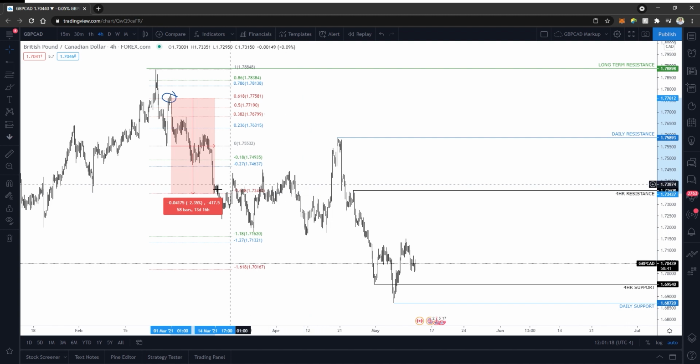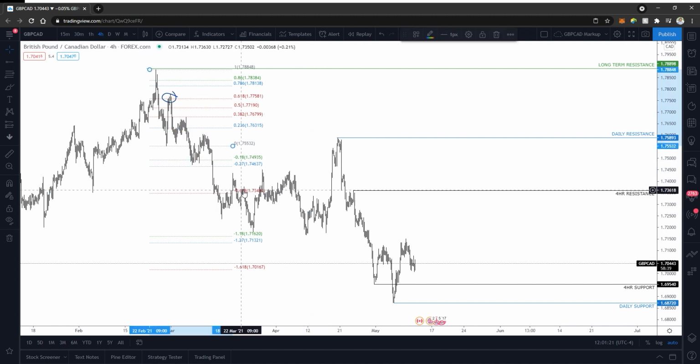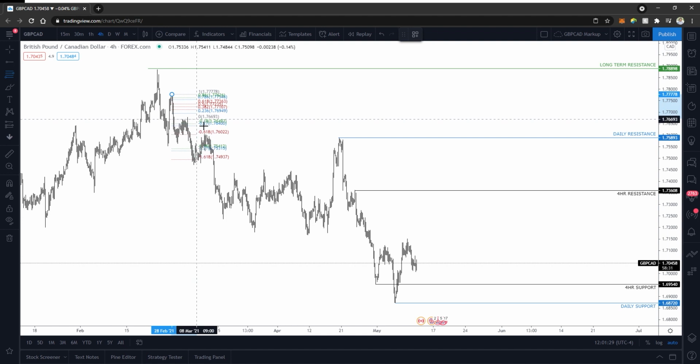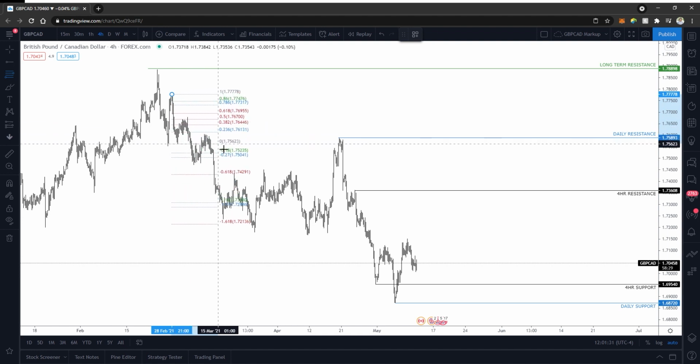So now I'm going to measure the next swing high, swing low. Let me get rid of this. Okay, so swing high to the next swing low. We got a pullback here. And actually, no, hold on. I'm going to do this. Remove.